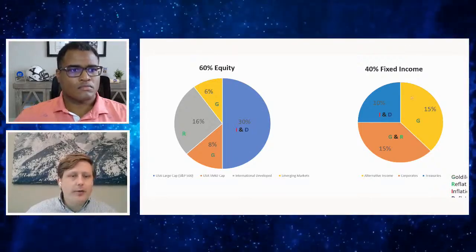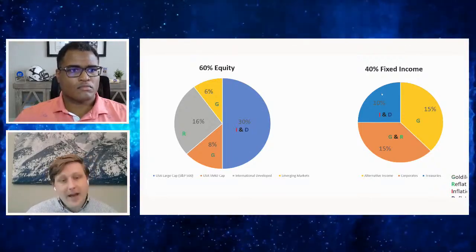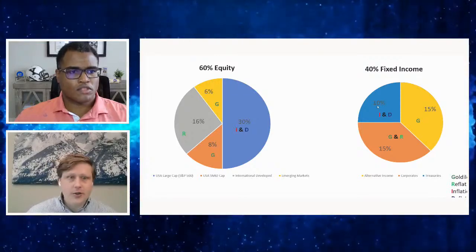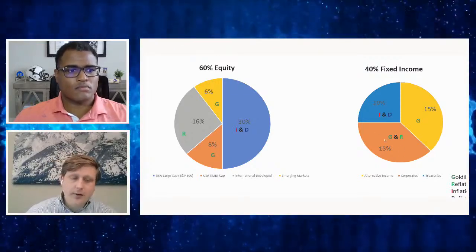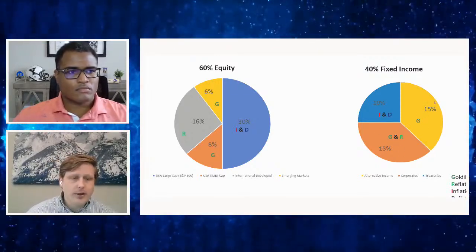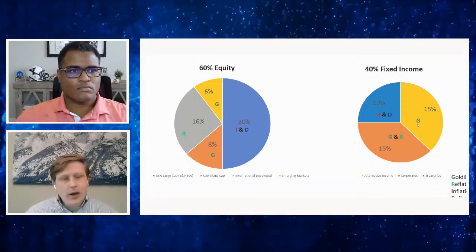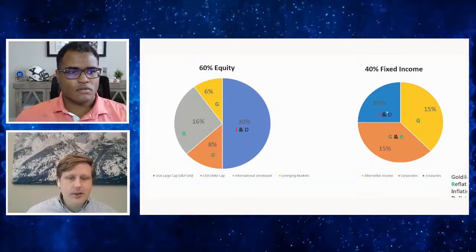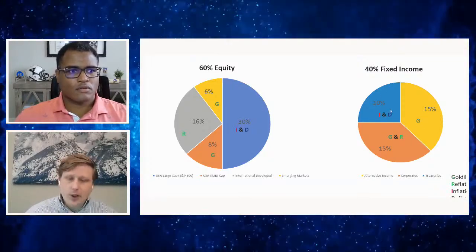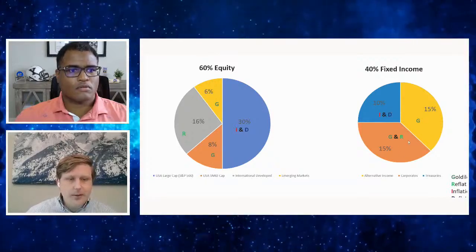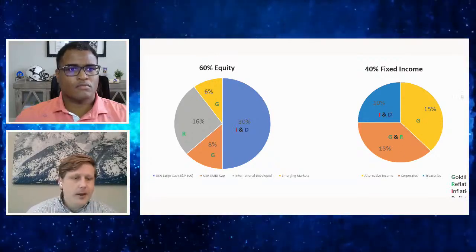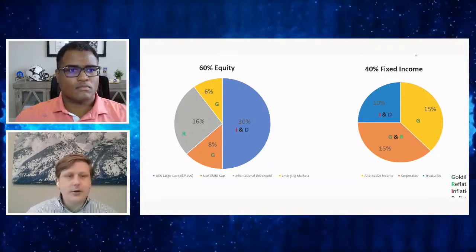So a lot of these portfolios often don't have that much in treasuries, especially long duration ones. And they're oftentimes loaded up on corporates and alternative income, which does well in Goldilocks and in reflation, but in times of stress, when liquidity dries up in these markets where people are banking on a liquidity premium, these asset classes don't do as well.